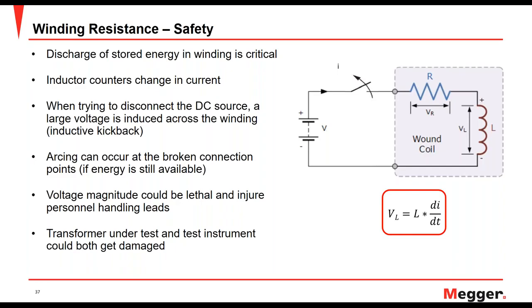So if the transformer winding is not correctly discharged, and there's some energy left in the transformer, when you disconnect your DC source through the leads, a large voltage will be induced across the winding, also called inductive kickback. This large voltage can cause arcing at the point where the connection is broken. The voltage involved can be high enough to be lethal and injure personnel, and it could also injure the transformer under test and the test instrument.